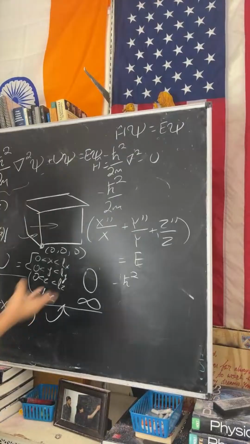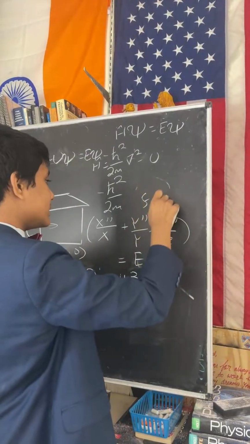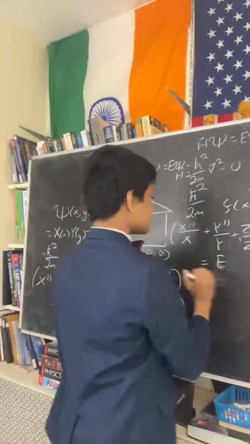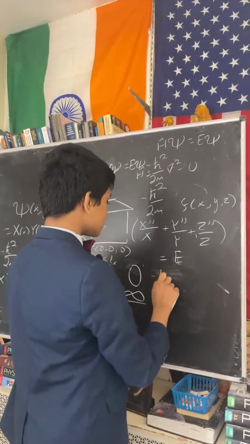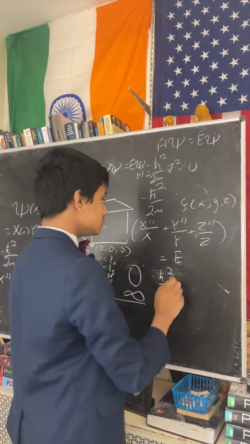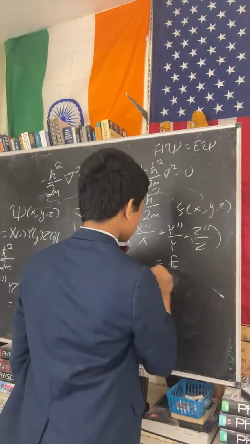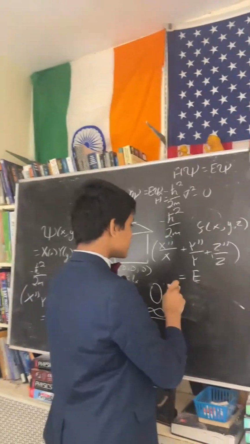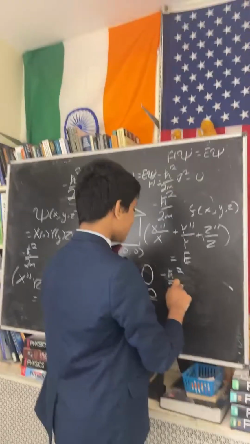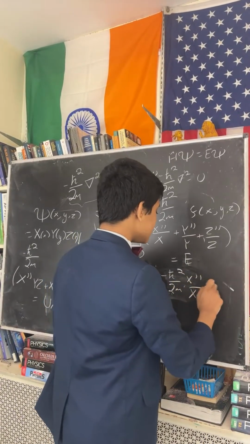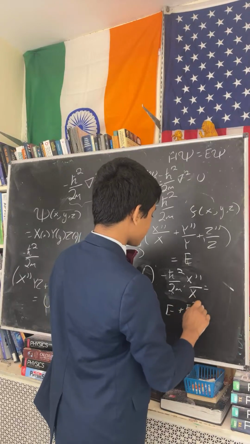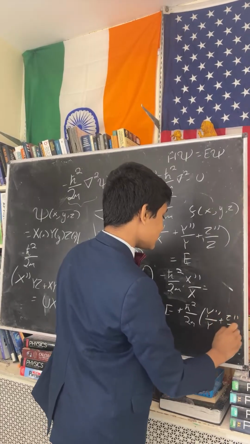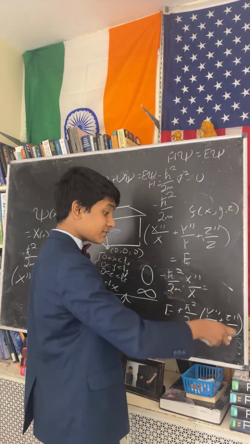And of course, if a function of x, y, and z is equal to a constant, that means each of the individual functions within it is constant. So what I can do is take these two and move them to the other side, which would mean that minus h bar squared over 2m X double prime over X is equal to E plus h bar squared over 2m times Y double prime over Y plus Z double prime over Z. Now this is a function of x, that is a function of y and z.